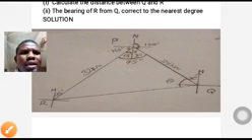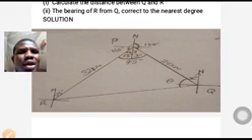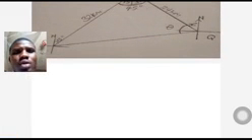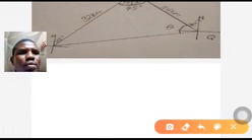Now look at the diagram. I'm going to explain how you can draw the diagram. The bearing of Q from P is 150. Here you have the cardinal points.